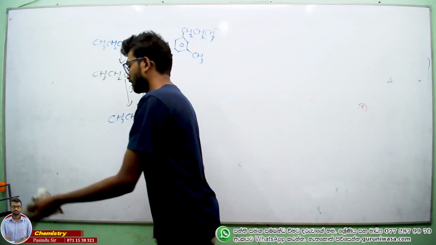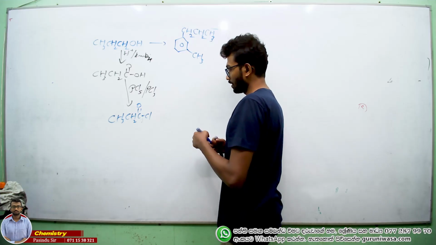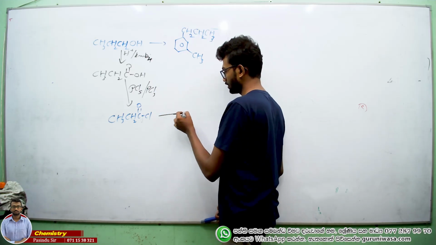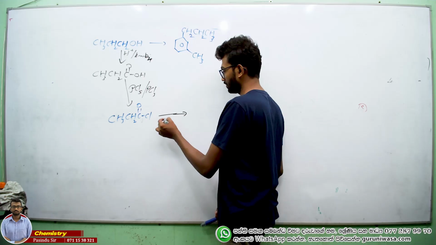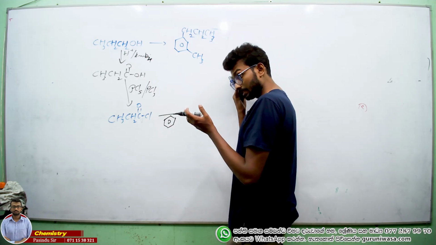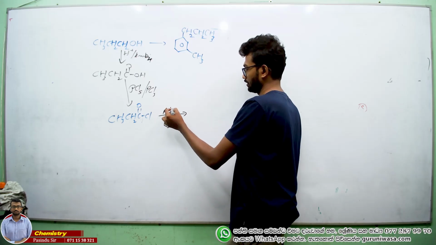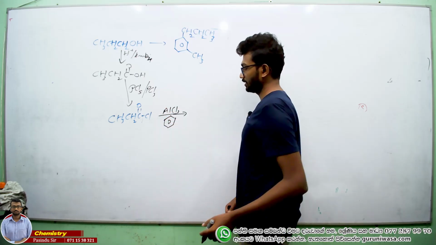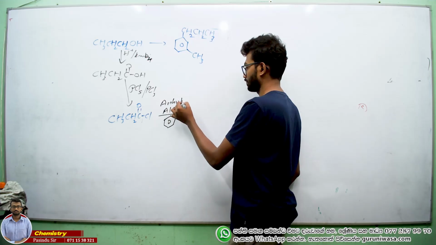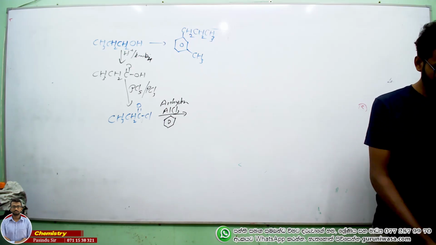Then add this group into benzene, right? How to add it? You have to add benzene with anhydrous AlCl3.